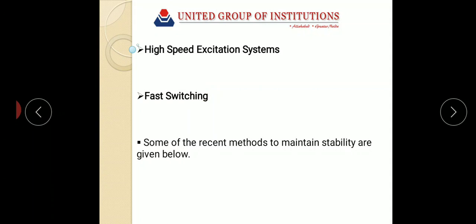So therefore, high speed relaying and circuit breaking are commonly used to improve stability during fault conditions.